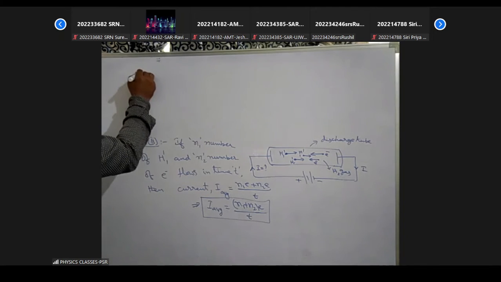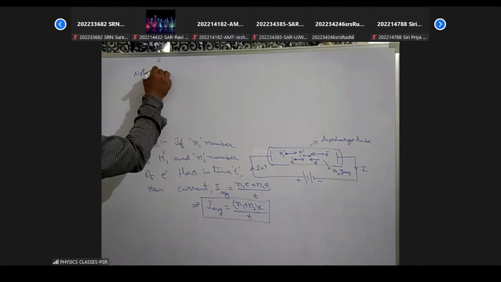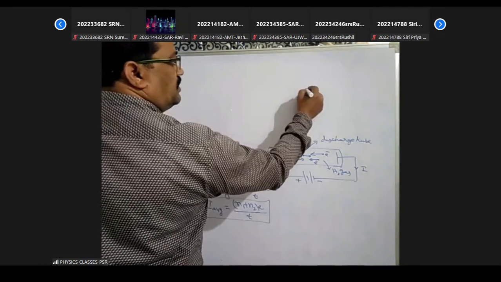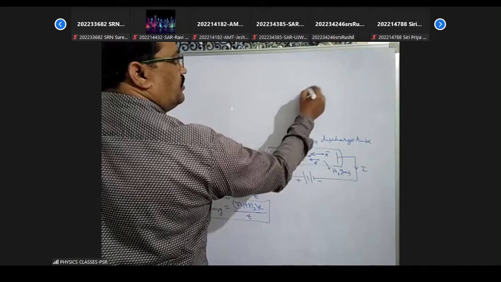Next, another important note, note 3. Here this is the center O of a circular path.